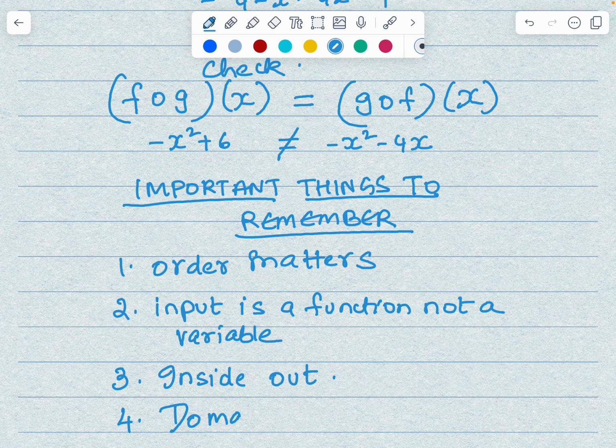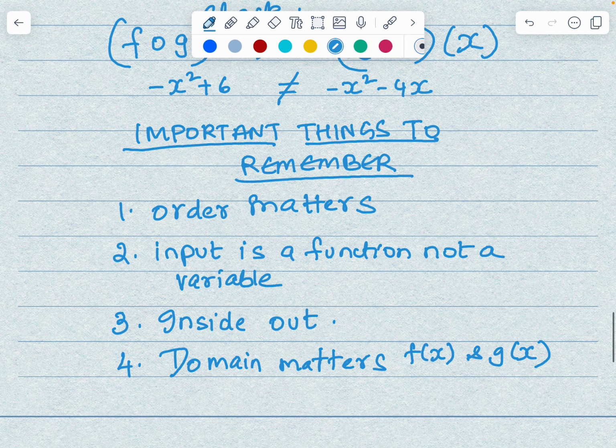And domain matters. So you have to consider the domain of f of x and g of x, and if there's any constraints, you have to take it into account while doing this. So let us do one more example.